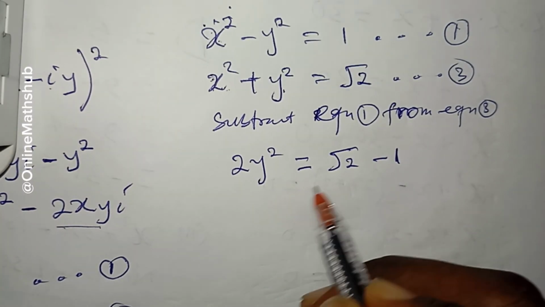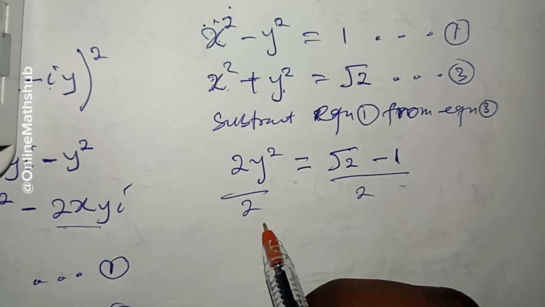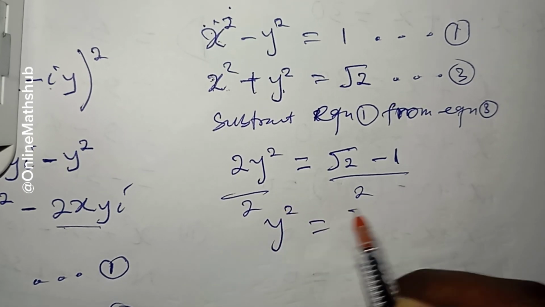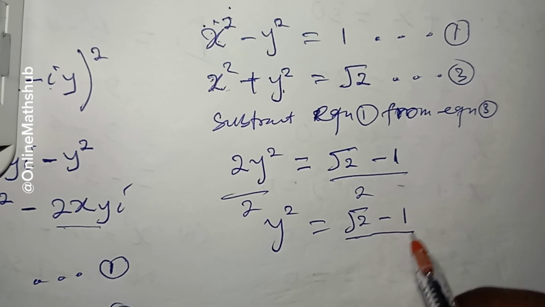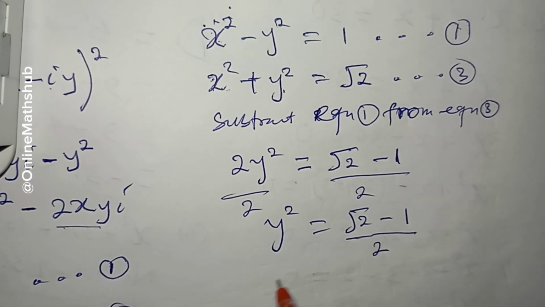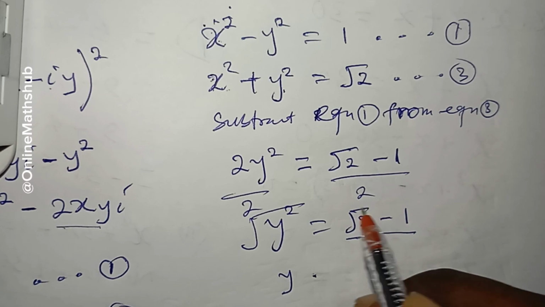At this point I'm going to divide through by 2, so that y squared is now equal to root 2 minus 1, all divided by 2. Then to get y, I'm going to take the square root of both sides.